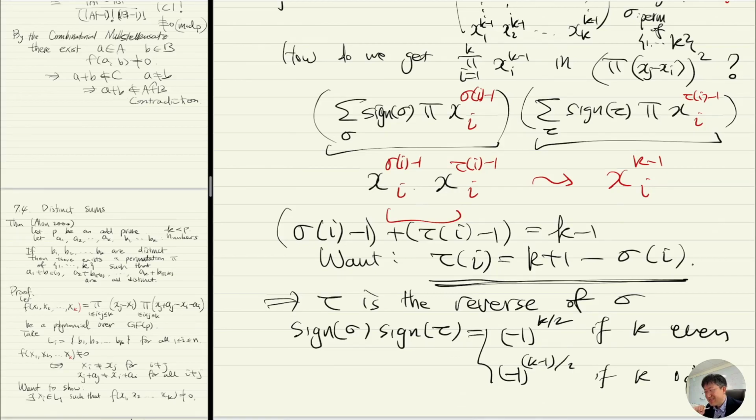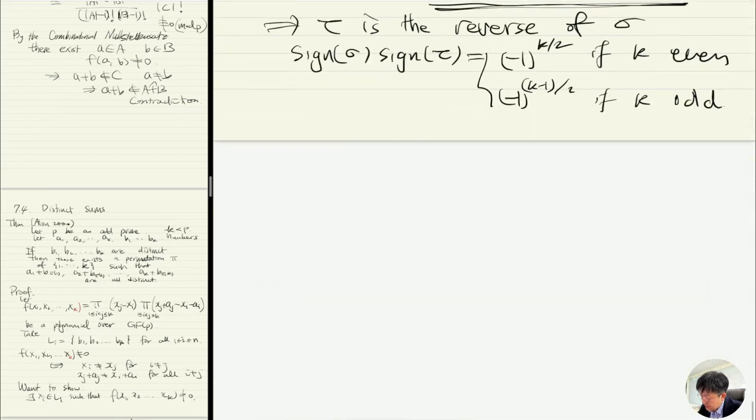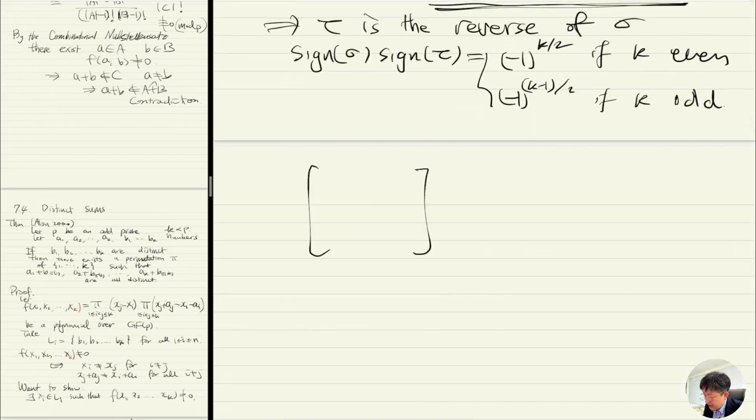And why is this true? Think of it this way. I think of the matrix determinant. This is the location of sigma 1, location of sigma 2, location of sigma 3.